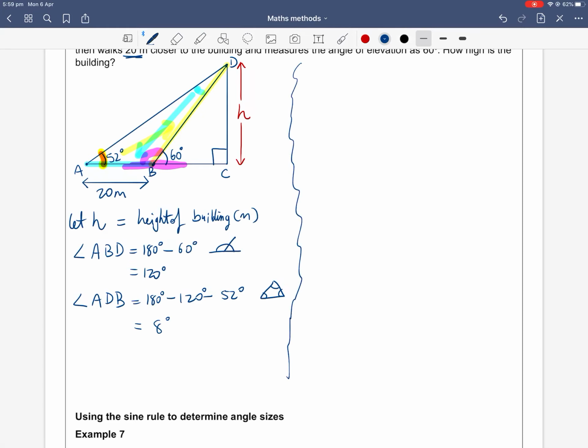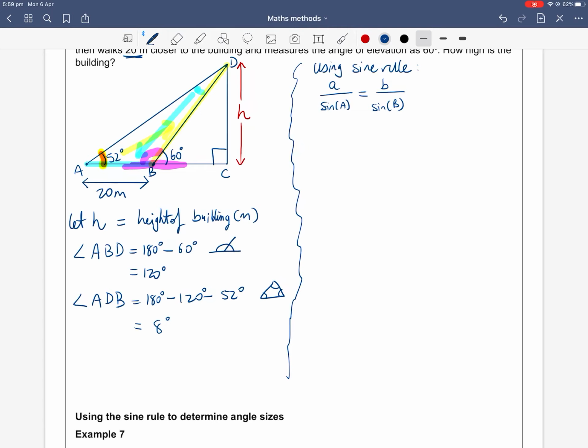So I'm just going to do it up here. Using the sine rule, so tell your reader what rule you're going to use, because we have so many rules. Default formula: a on sine of angle A equals b on sine of angle B, capital B for angles, lowercase b for side length. Let's substitute it.